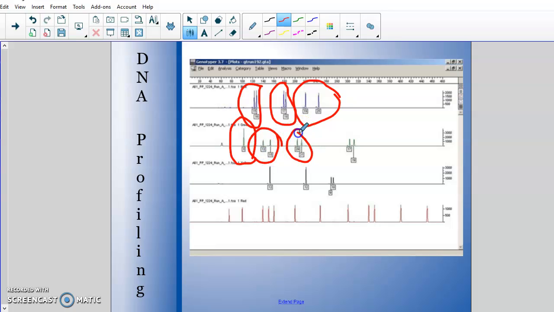Okay, so here's another repeat. Here's another one. Here's another one. So far we have 1, 2, 3, 4, 5, 6, 7 STRs that they've run. Okay, here's another one. And this one, they're homozygous, right? So this one is 12 and 12 because 12 is the only one that shows up. So they got a 12 repeat from their mom and a 12 repeat from their dad. Here's another one, and then here's another one.